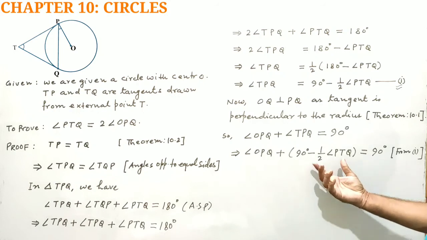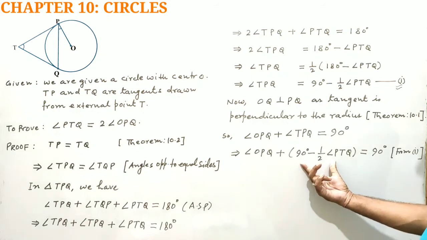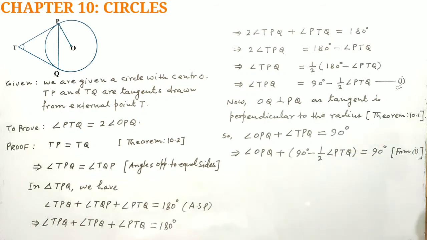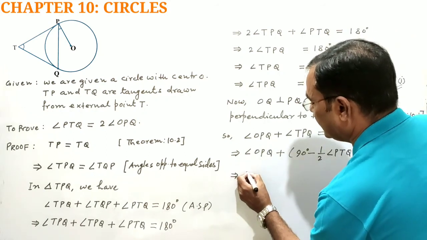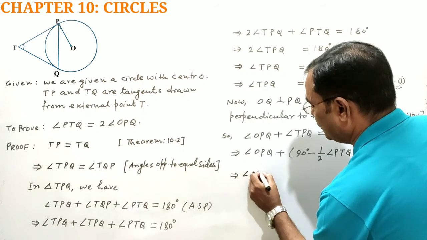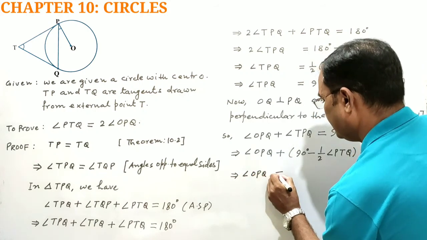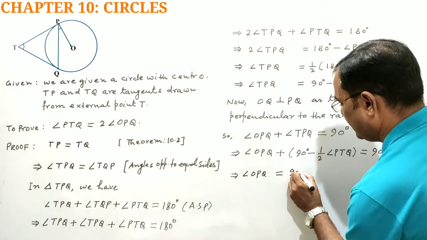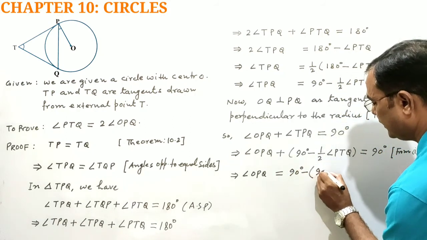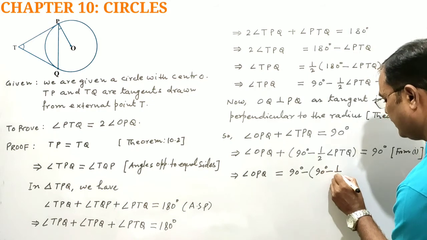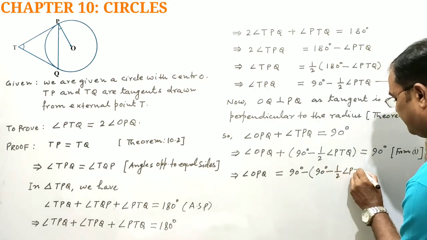Now let us transpose this 90 degrees minus half of angle PTQ from left side to right side. So it further implies that angle OPQ is equal to 90 degrees minus half of angle PTQ.